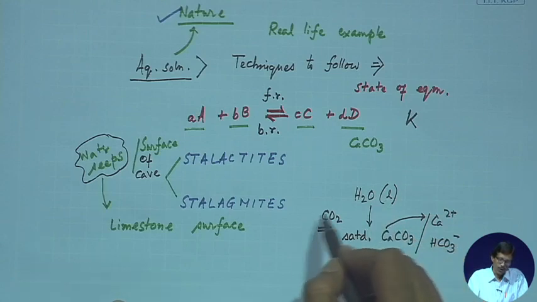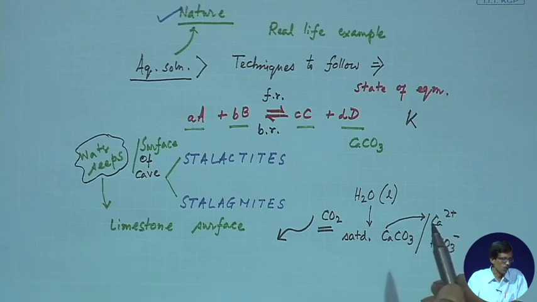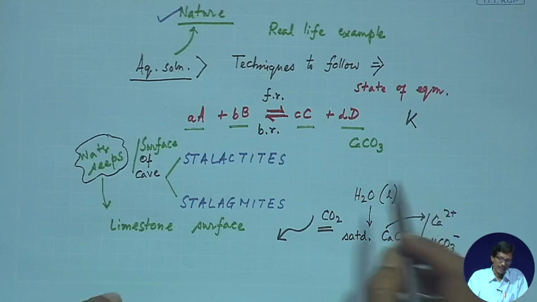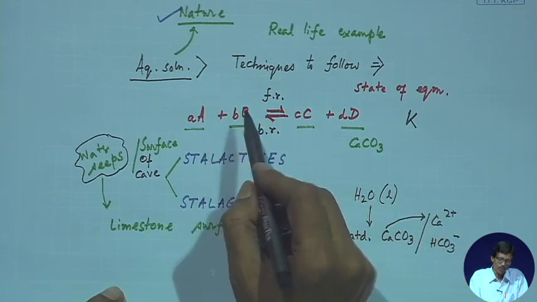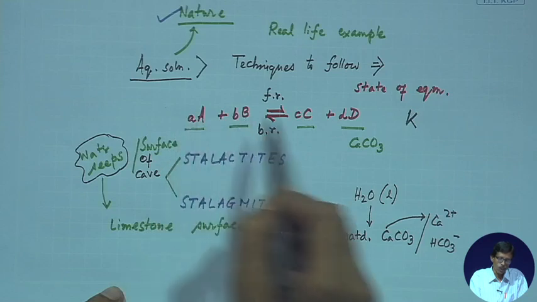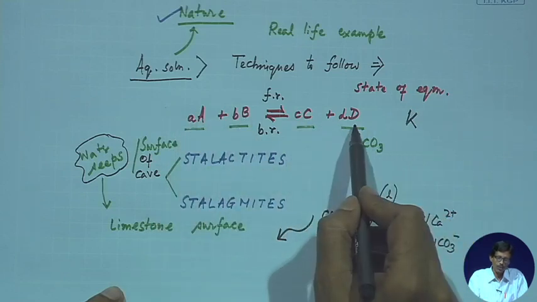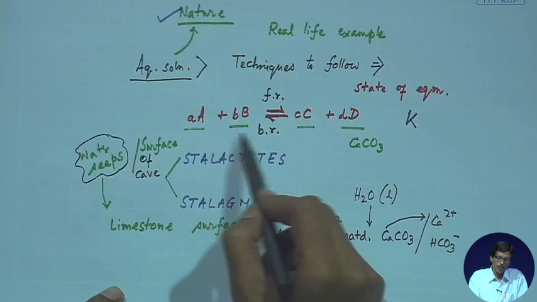If this is not available, if CO2 is going away, what happens then? B is CO2, if you consider calcium carbonate plus CO2 giving rise to Ca2 plus and HCO3 minus. So, this CO2 is going away.